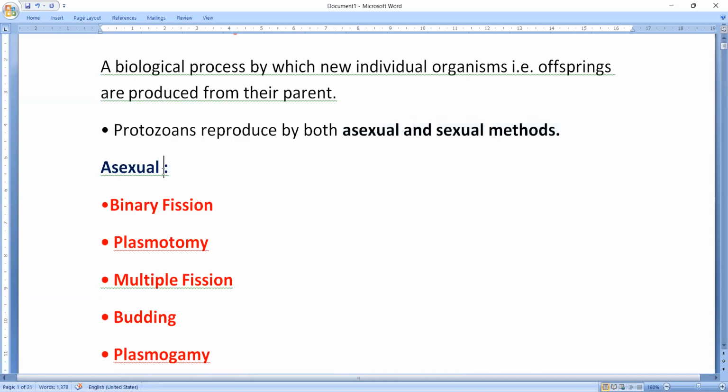Okay, so no gametes, no fusion. Without the fusion of gametes, the new offsprings or new individuals are produced. Such kind of reproduction is called asexual reproduction. Simple. We all know, that's the definition.